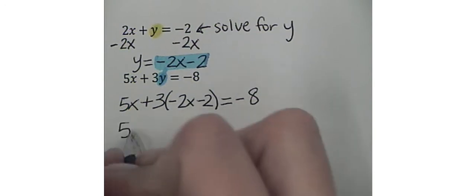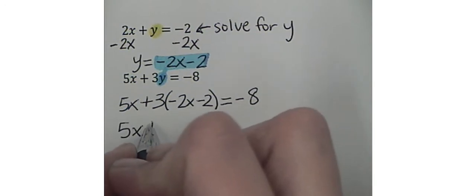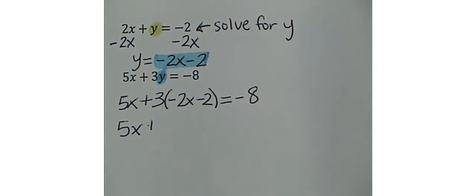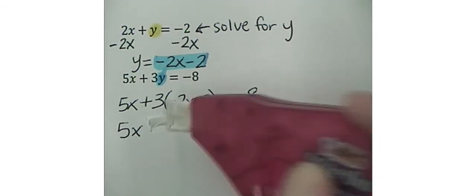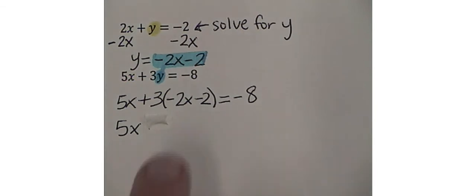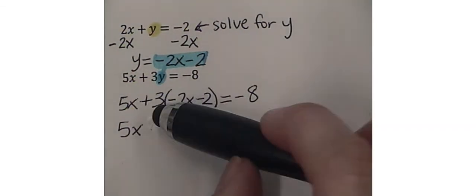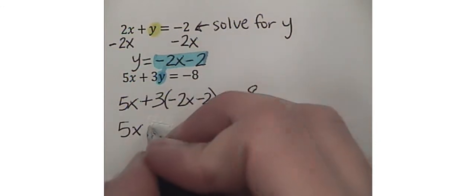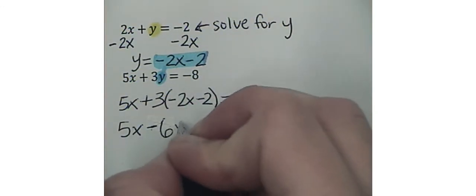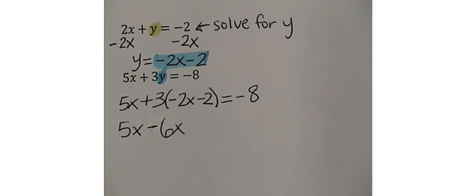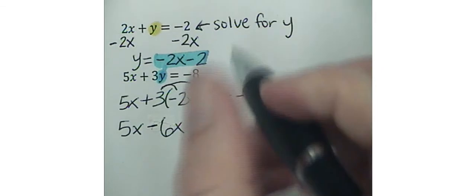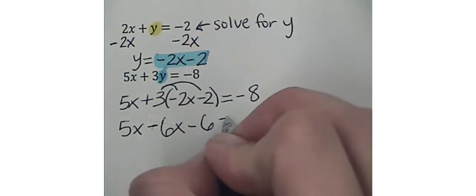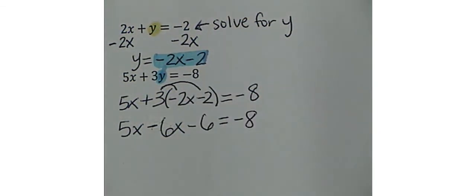So 5x, I'm going to leave that alone, plus 3 times negative 2x. 3 times negative 2x makes it negative 6x. 3 times negative 2 is negative 6, and that's equal to negative 8.